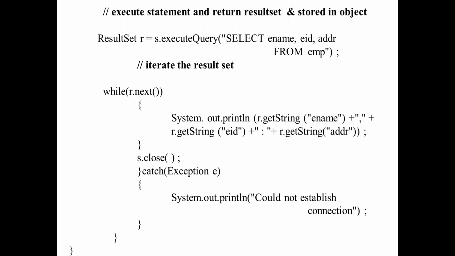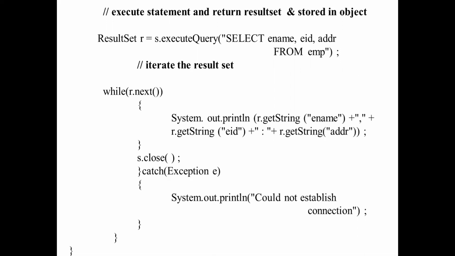Once the query is executed and selects some of the columns from the table EMP, I have to use the ResultSet to be iterated. How will the code look? I use a while statement: while R.next.